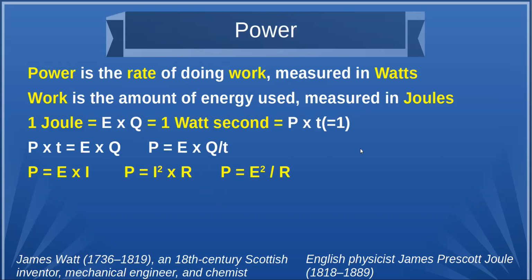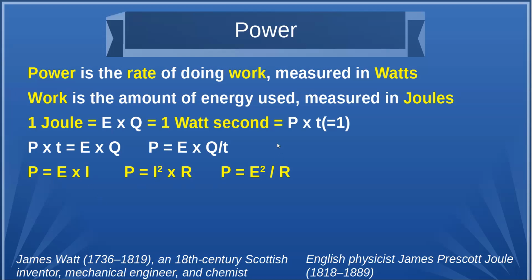Okay, power. It's the rate of doing work. We measure it in watts. And work is the amount of energy used in joules. So 1 joule, we said, was equal to a watt second. And this shows how we get all that stuff to the power formula, where power is equal to the voltage times the current.